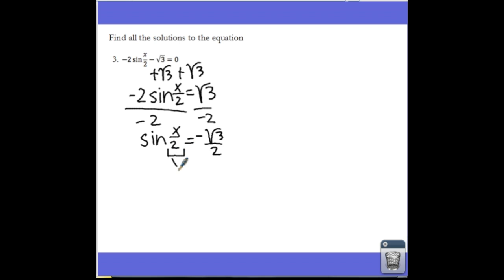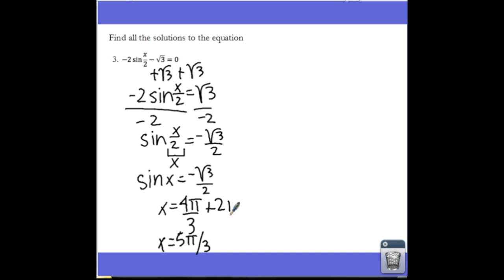Just like the last two, we'll substitute x for x over 2 and solve for sine of x equals negative square root of 3 over 2. The solutions to this are x equals 4 pi over 3 and x equals 5 pi over 3. But we still want all solutions, so we need to put them both in general form.